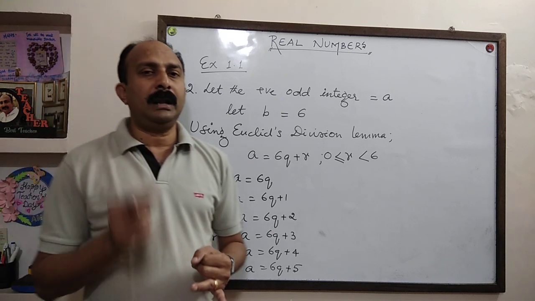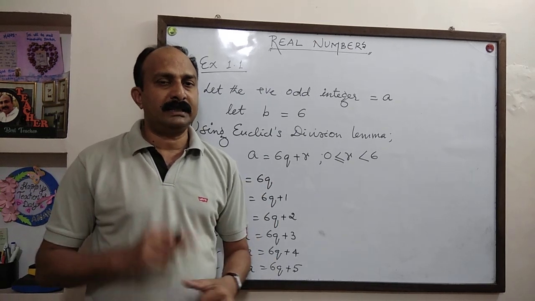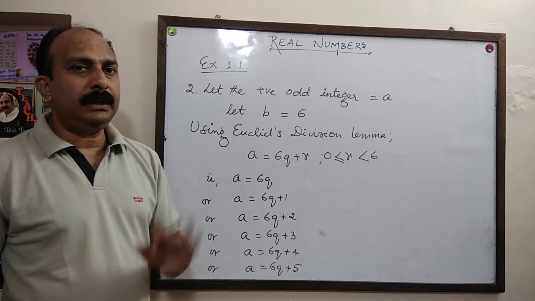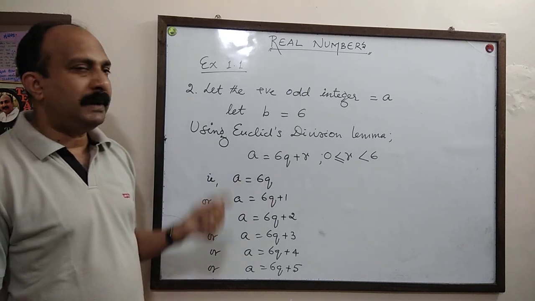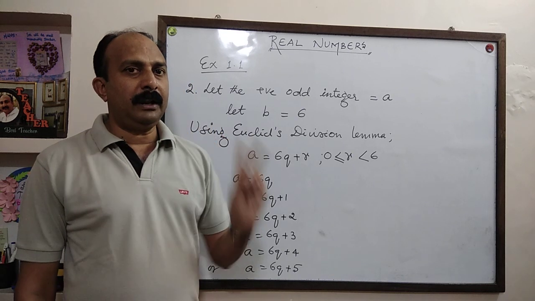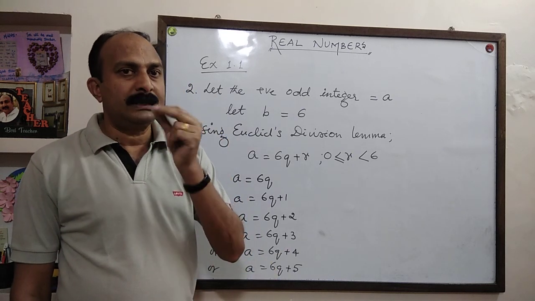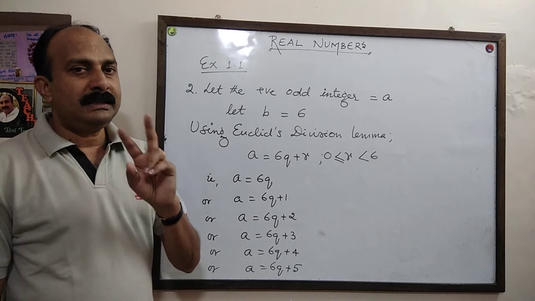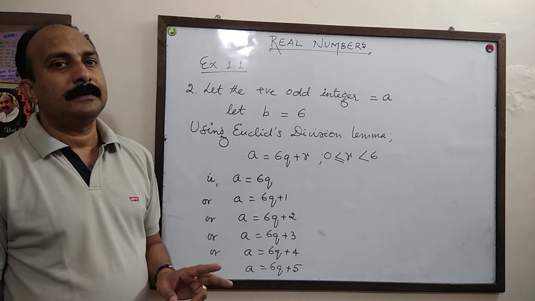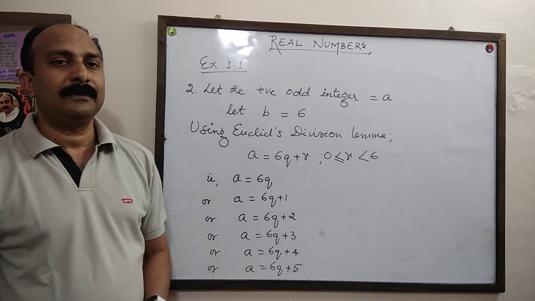Take another odd integer, 11. 11 divided by 6, remainder 5. Take another odd integer, 13. 13 divided by 6, remainder 1. 15 divided by 6, remainder 3. 17 divided by 6, remainder 5.